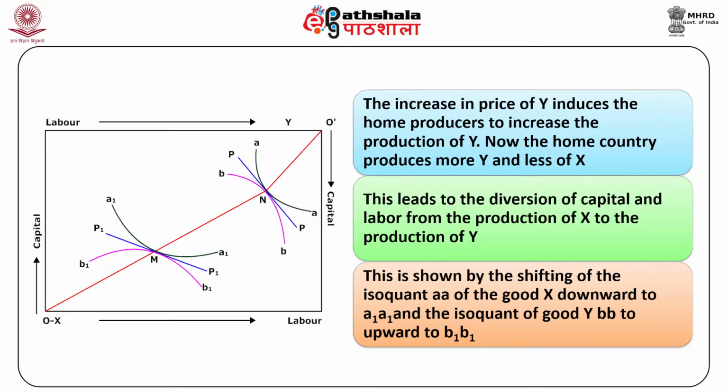This leads to the diversion of capital and labor from the production of X to the production of Y. This is shown by the shifting of the isoquant AA of the good X downward to A1 and the isoquant of good Y, BB, upwards to B1.